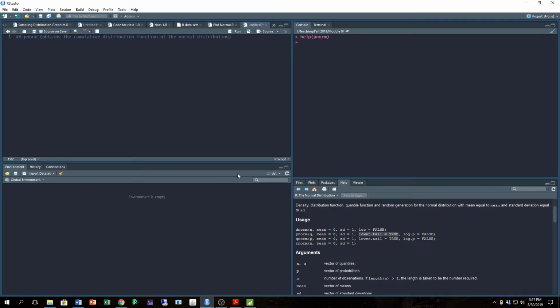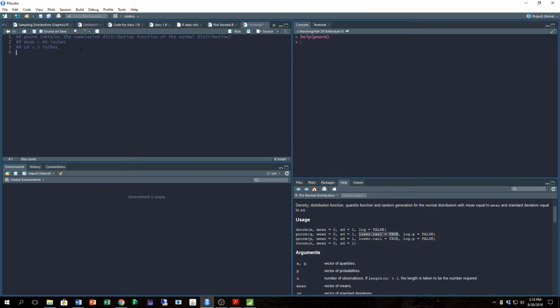But for instance, for the question that we were looking at a few minutes ago, the example of student height, we said that the mean was equal to 66 inches and the standard deviation was 3 inches.